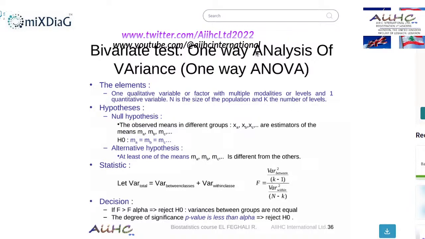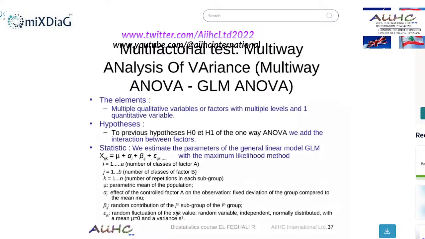And for the bivariate test, it's a one-way analysis of variance, also called ANOVA. Here you need to calculate an F score, using the variance between groups divided by the number of groups minus 1, over the variance within groups. There's a way to calculate those variances too, which we'll see later.